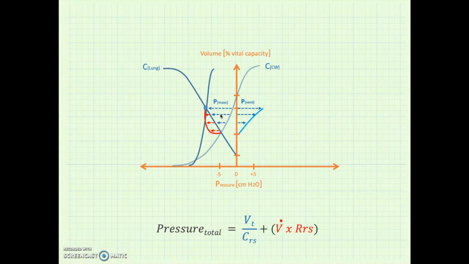And that's defined in the equation of motion as the flow, which is the V dot, times the resistance of the respiratory system. So if the flow increases, or if the resistance of the respiratory system increases, then the pressure component here is greater. And that would be important in obstructive airways disease.